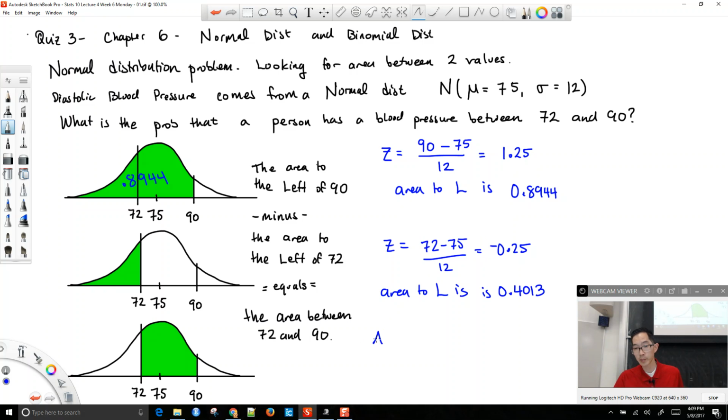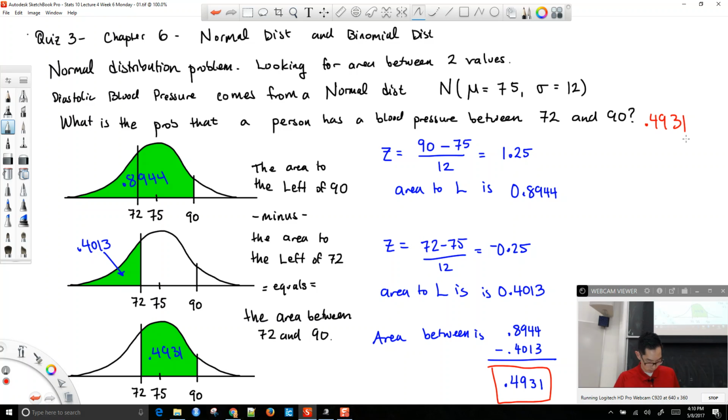Okay, therefore the area between, so this part, is 0.8944 minus 0.4013, and that's going to give you 0.4931. And there's my answer. This part is 0.4931. All right, so just under 50%.